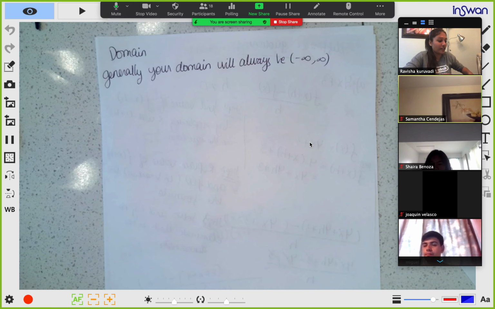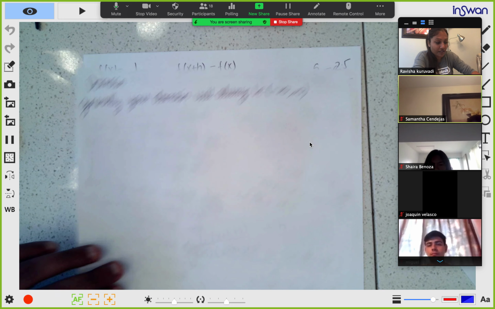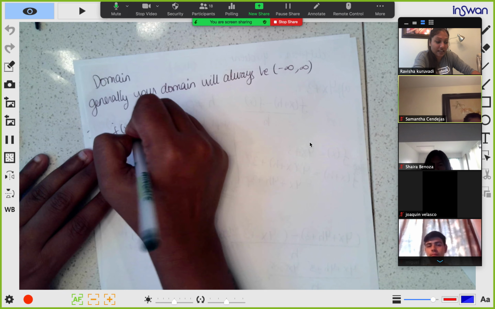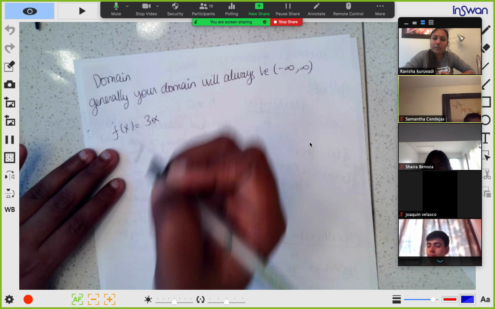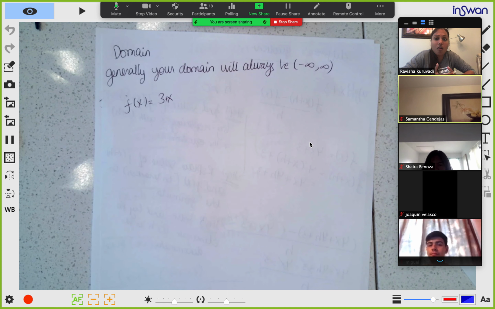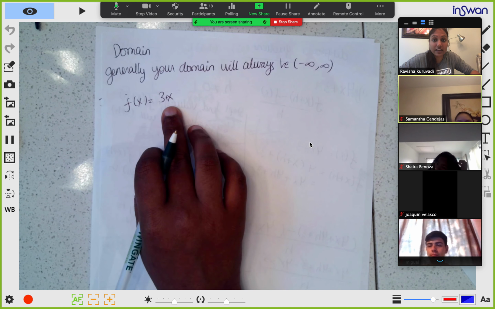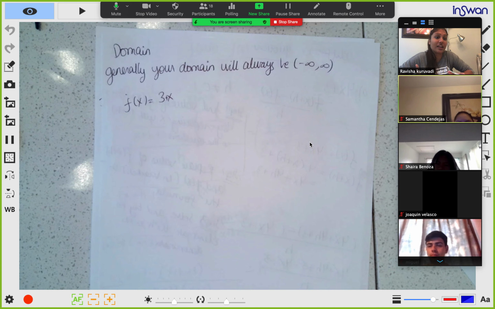If you have an equation like f(x) equals 3 plus x, what will be my domain for this one? It is all the values which I can put in x and it will still give me an answer. I can take the x value as anything I want.